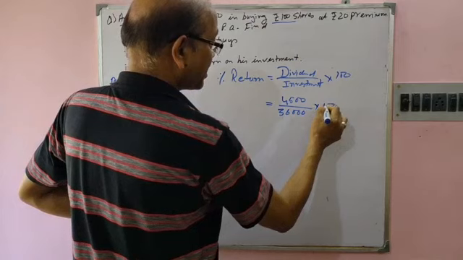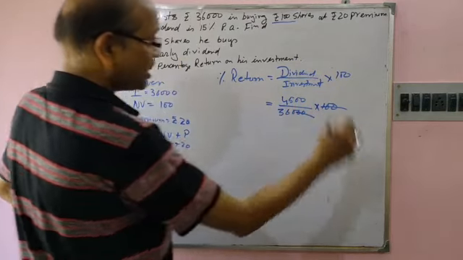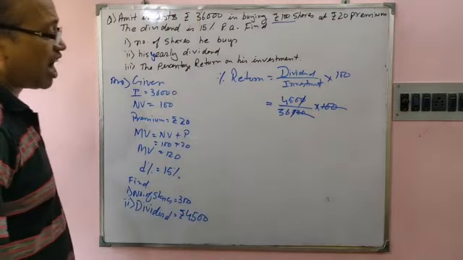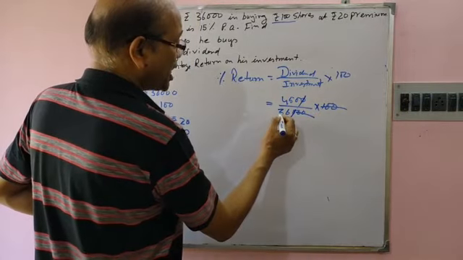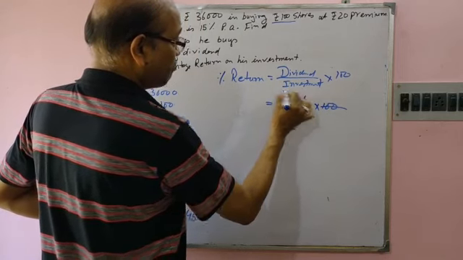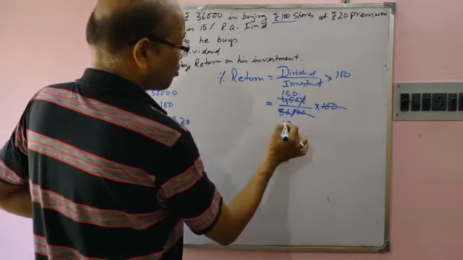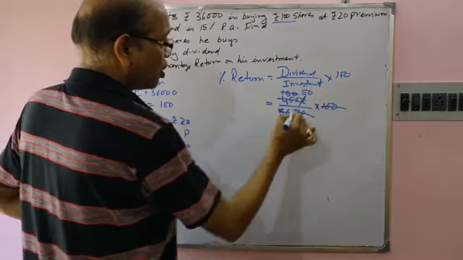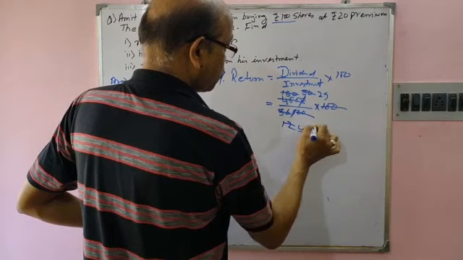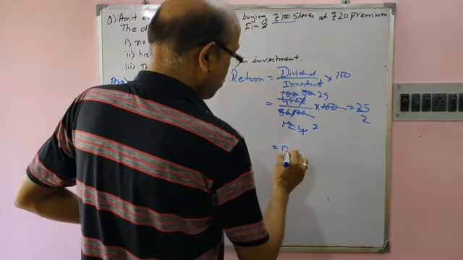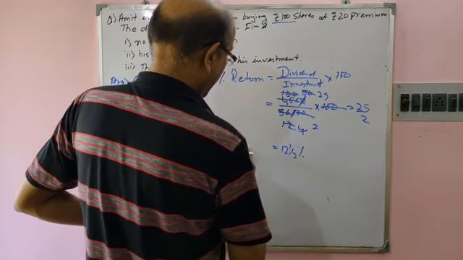Into 100. 2 zeros got cut. Now 1 0 got cut. Now 3 12s, 3 15, 150, 3 4s, 3 50, 2 25, 2, which is 25 by 2, which is equal to 12.5%.